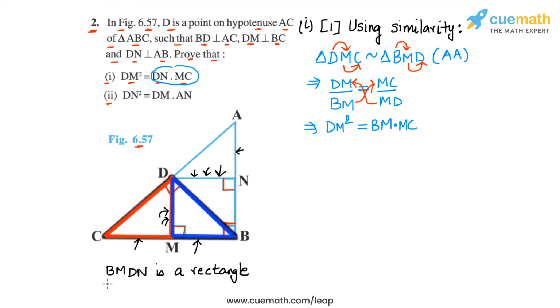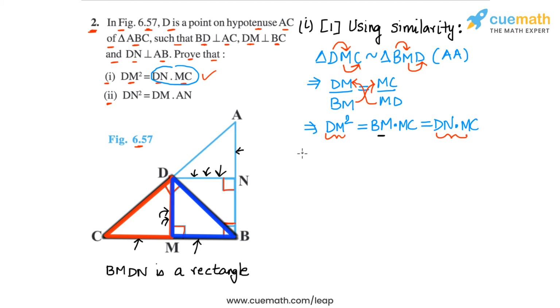So instead of BM, I can also write DN. So I get DN times MC, and this completes our proof using similarity, because I have DM square on the left side and DN into MC on the right side. This is what I had to prove.